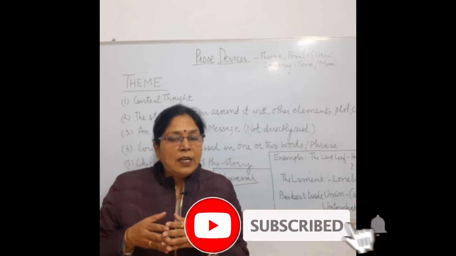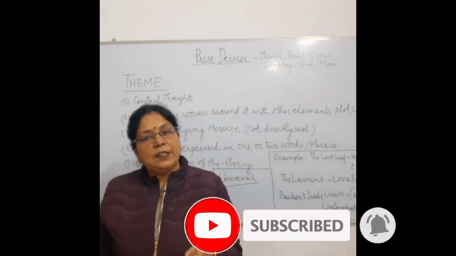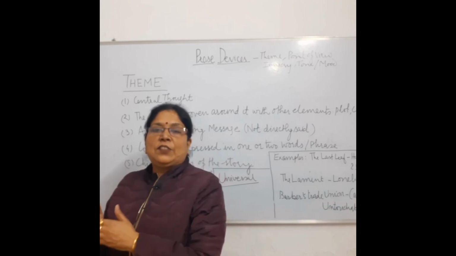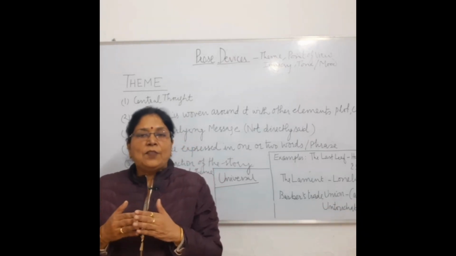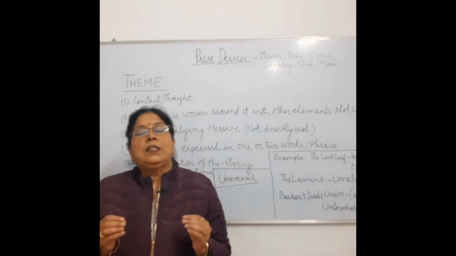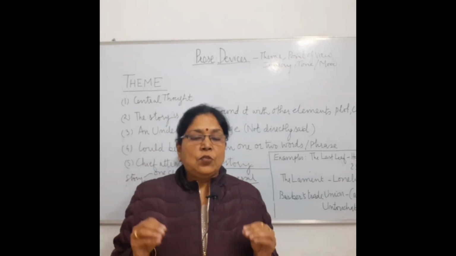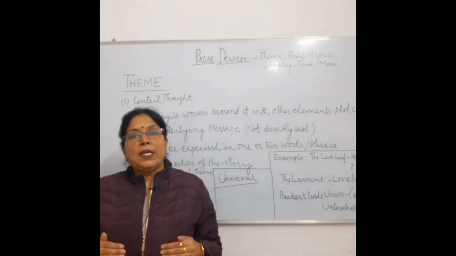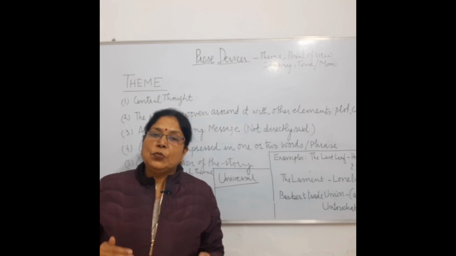For what central issue has this story been written by the writer? What is the purpose of writing this story? And the answer that comes would definitely be the theme of the story. So the deep study of any story would make the theme clear to you.